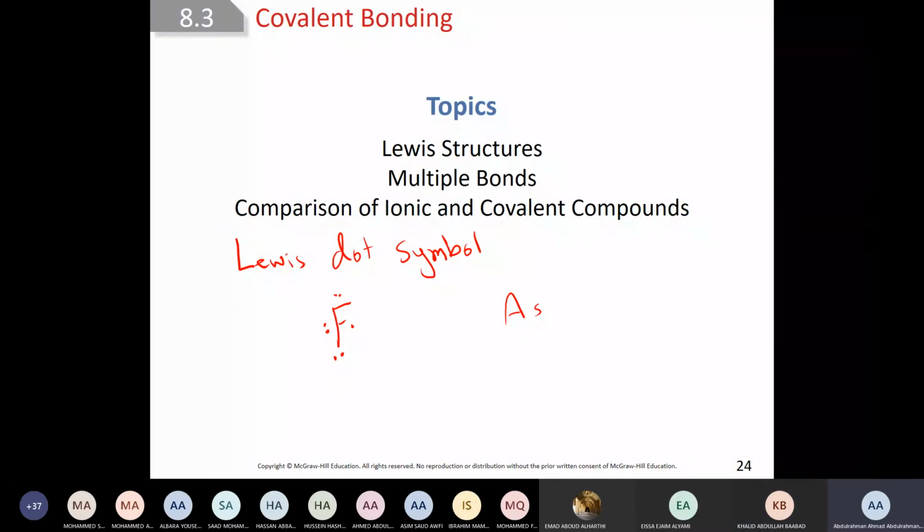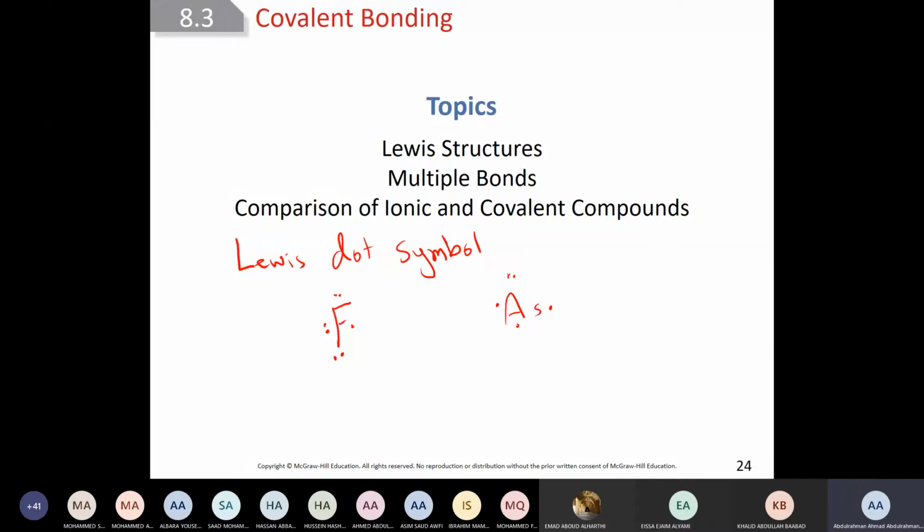How do you put them? 1, 2, 3, and 4. And then where do you put the 5th? Anywhere, it doesn't matter. You want to put it here or there or anywhere, it's okay as long as you do it this way.